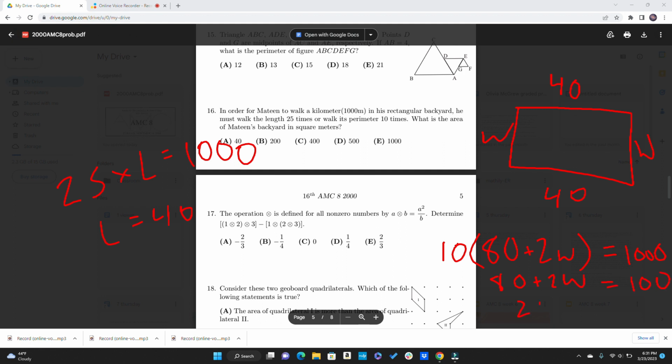Subtract both sides by 80. 2W is 20. What's W then? Divide 2W by 2 and 20 by 2, and we get W equals 10. So our perimeter is made up of 10s and 40s, and we want to find the area. That's 10 times 40, which is 400.